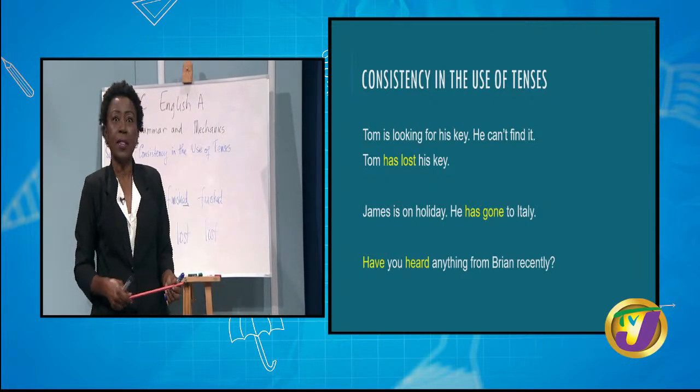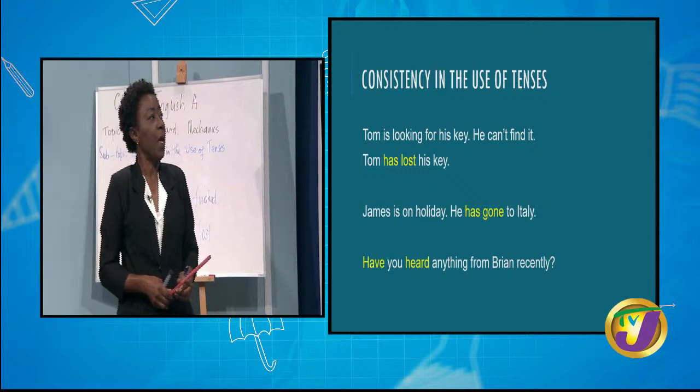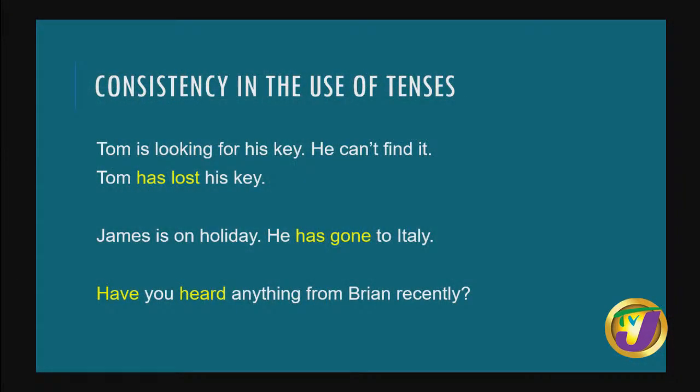And then the last sentence on our screen says, have you heard anything from Brian recently? Notice that the two words are not side by side. So the words in the sentence don't always, all the time, have to be side by side.